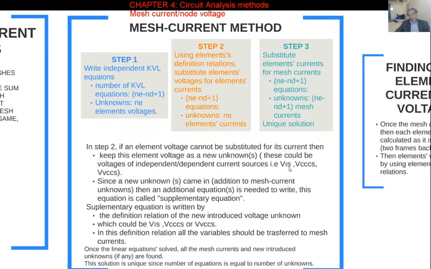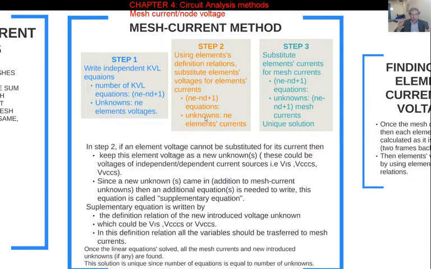The voltage is not known; this voltage is determined by the circuit it is connected to. So in the definition relation, we cannot see that V. So we cannot apply the first substitution, what's said here. It is also true for these dependent current sources' voltages as well. We cannot use the definition relation to transfer them to currents. So we are going to keep these element voltages as they are in step 2. We cannot replace those variables.